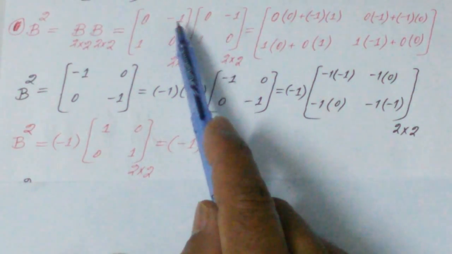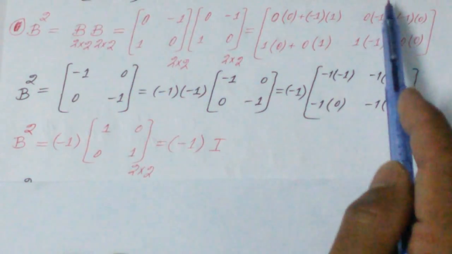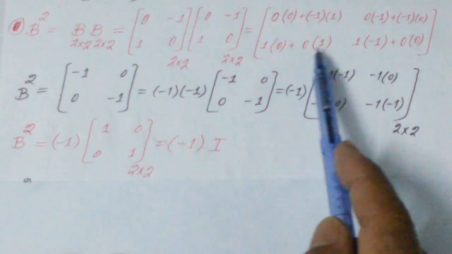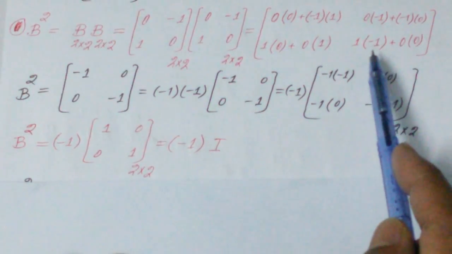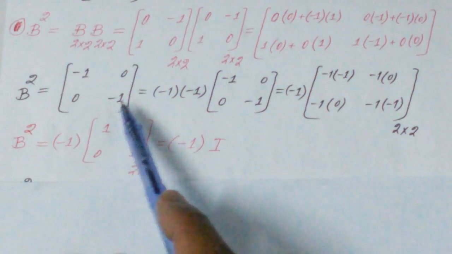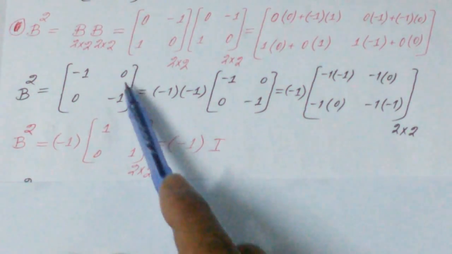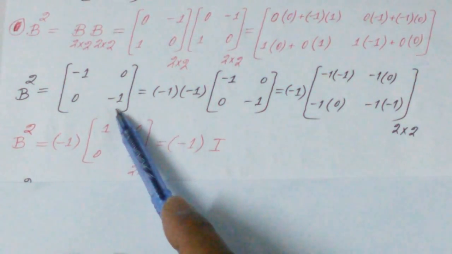Multiply the first row with first column, the first row with second column. Similarly, multiply the second row with first column, the second row with second column. After the simplification, we get minus 1, 0, 0 and minus 1.